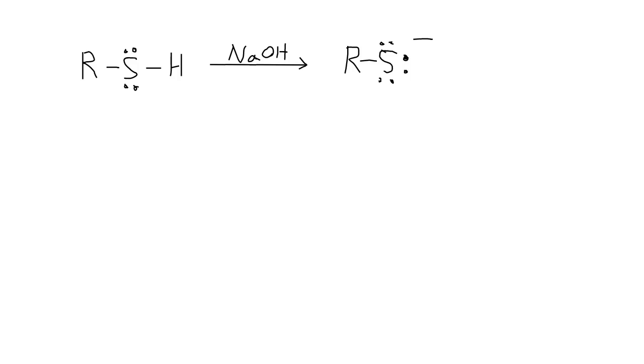So you can react this with, let's say, for example, an alkyl bromide, in this case propyl bromide, then this can very easily come in and attack. Well, I probably should have shown the attack from the other side, but it can attack from the back side, kick out the bromine, and you can get what's known as a sulfide, or a thioether, rather.